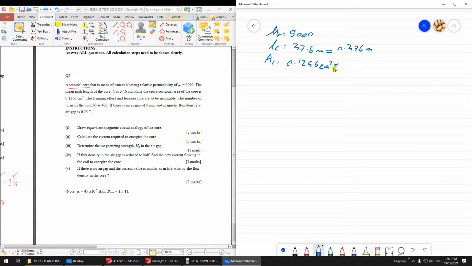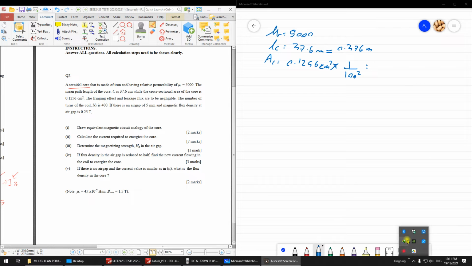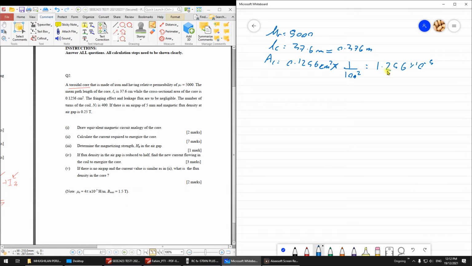So for this one, you divide by 100 squared, since cm to meter is 100 squared, and you get, let me pause this first, this is the answer.